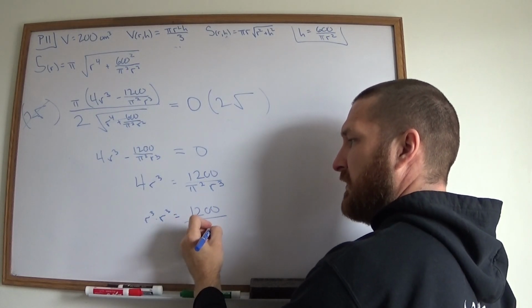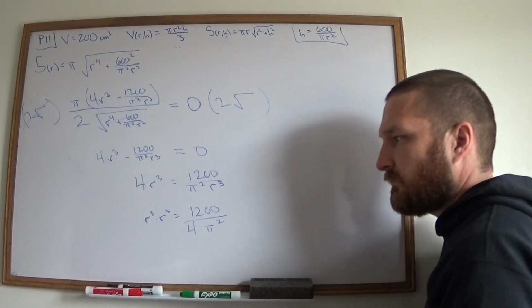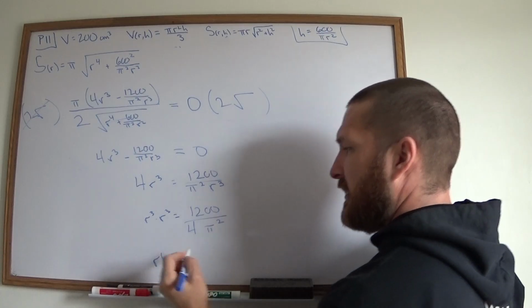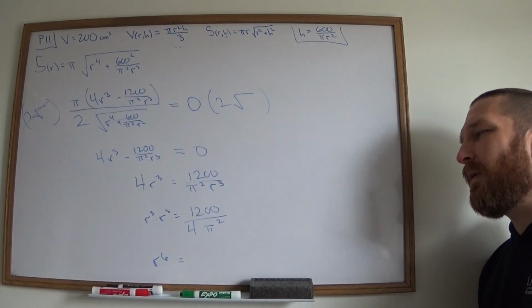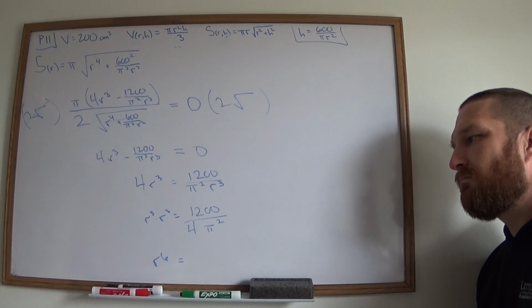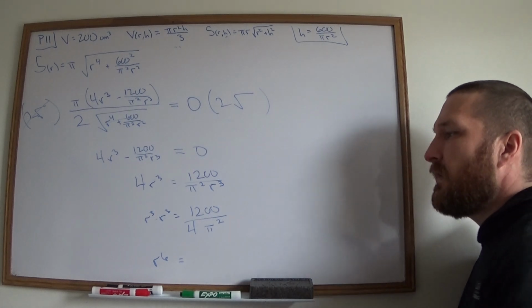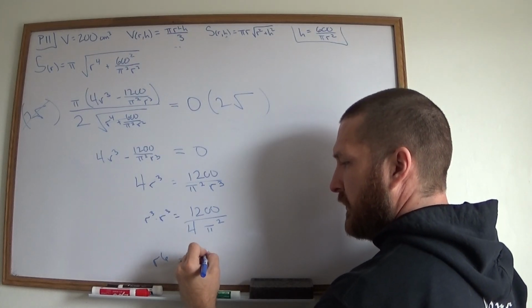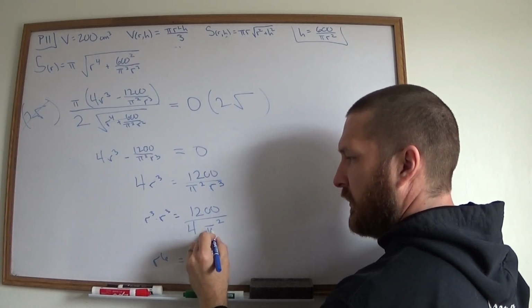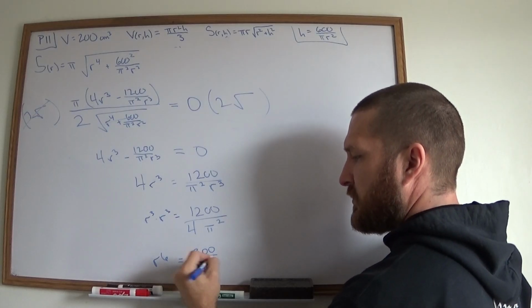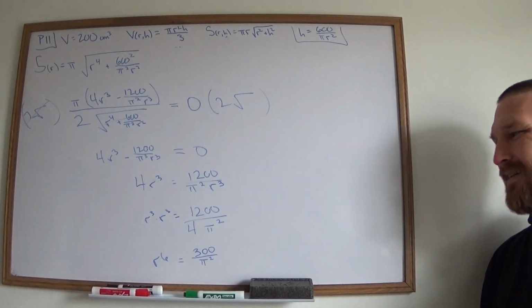So the 4 comes into the denominator like that. This is the same thing as r to the 6th. Now 1200 divided by 4 I think is 300. Right? Yeah, because 12 divided by 4 is 3. Yeah, so 300 all over pi squared is r to the 6th.